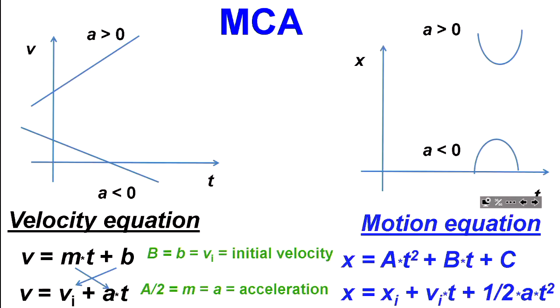So this constant represents the initial location. This coefficient represents initial velocity, same number. And it turns out this coefficient is related to acceleration. It is not acceleration, but it is related to the acceleration in a very simple manner.